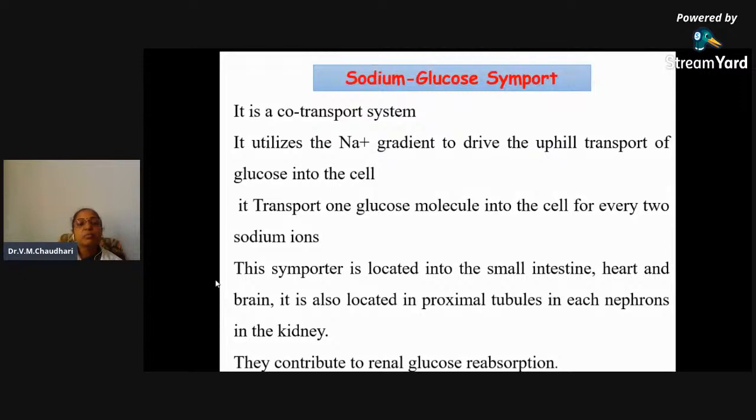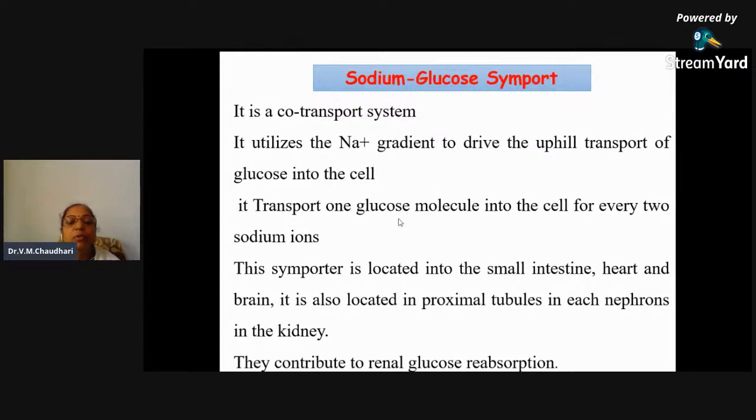सो इन सोडियम ग्लुकोज सिम्पोर्ट, this is again a co-transport system where sodium ions, means sodium gradient, drives the transport of glucose inside the cell. Sodium gradient to drive the uphill transport of glucose त्याच्याबरोबर मध्ये पास होतात.